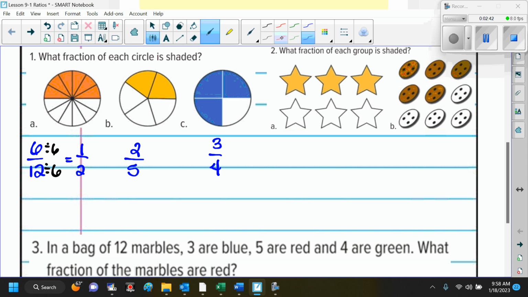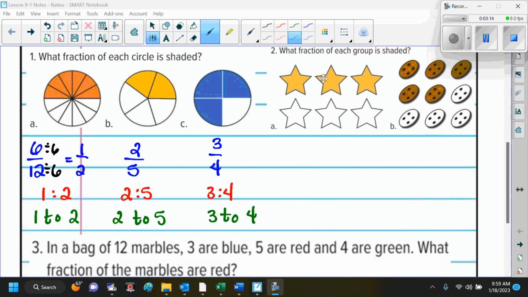The other ways that we can write them, we could write 1 to 2, 2 to 5, and 3 to 4. And then, of course, you could also use the words, one to two, two to five, and three to four.